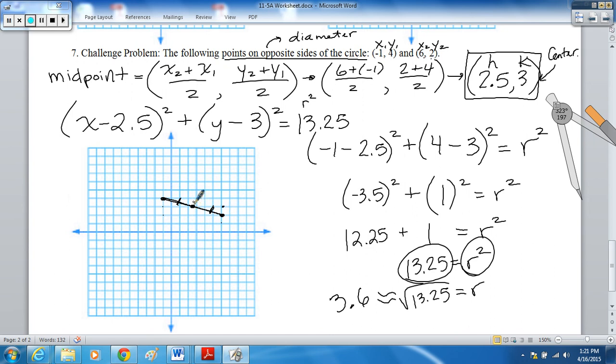Okay, you see how careful I am as I'm trying to plot those points? Make sure you're being careful as well. Okay, so as a result, this will be your circle that we are looking for.